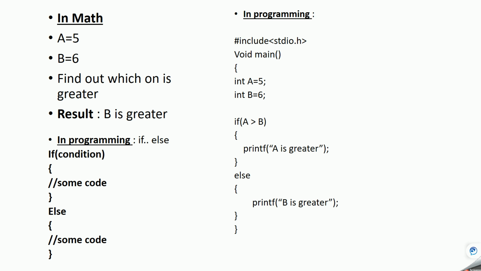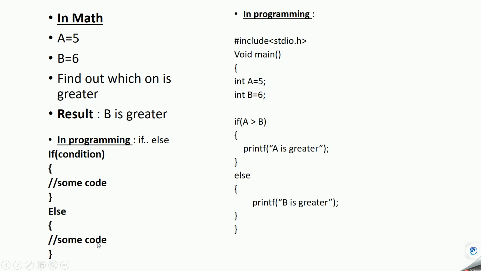In this case the result will be B is greater. For this purpose there is another conditional statement in C programming called if else. It looks like this: you first write if and the condition and then some code, then else and some code here.